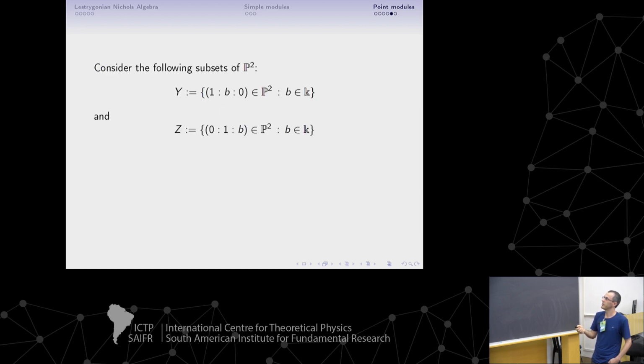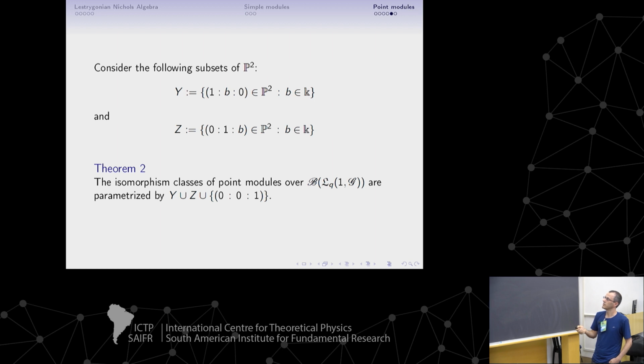So the parameterization is given by these two sets in the projective space, a line and a point. Thank you very much.